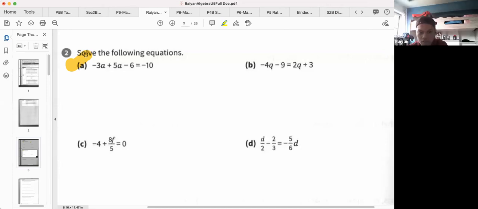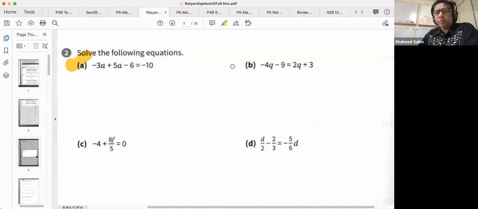The answer is negative 2. Well done. Now B. Can you feel that you're getting the hang of it?